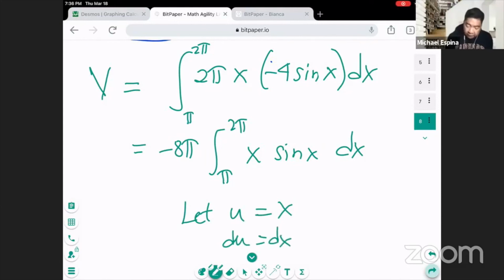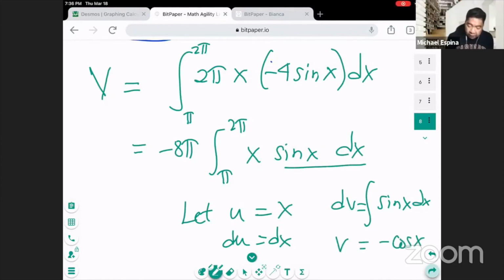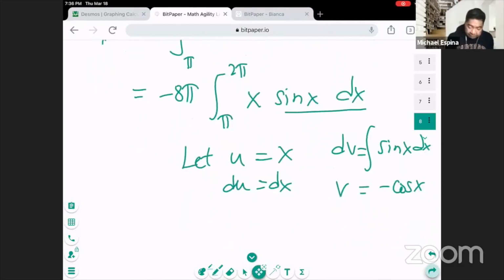And then dv would be equal to sine x dx, so v is negative cosine of x. When you get the integral of sine x dx, that would be negative cosine x. So what is the formula for uv minus integral of v du?